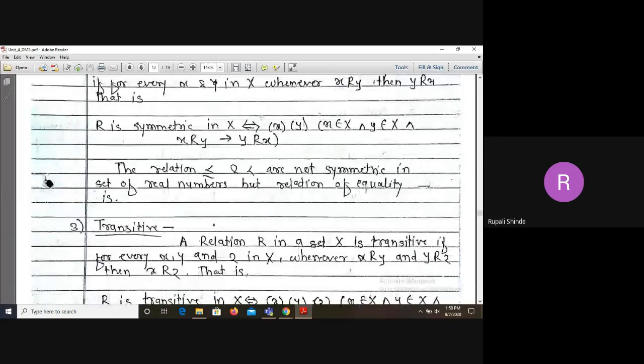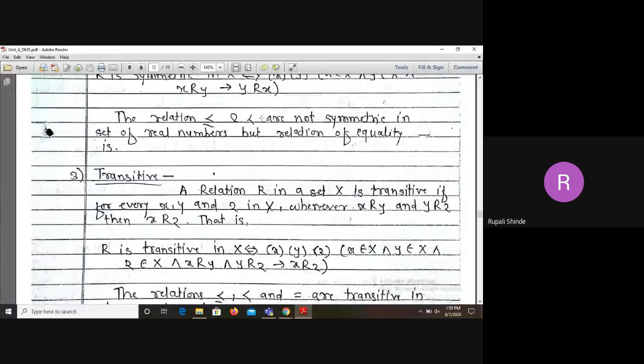Okay. Now the next point is the transitive property. A relation R in set X is transitive if for every X, Y and Z in capital X, whenever X is in relation R with Y and Y is in relation R with Z, then X is in relation R with Z. So this is the transitive property.